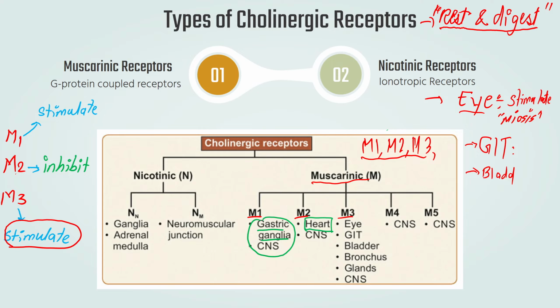M1 and M2, you remember their location. In all the rest of the glands, organs or smooth muscles, M3 will be present. In the bronchus, smooth muscle, M3 will be present. And in the glands, now which glands? All of the exocrine glands. Exocrine secretions जितने भी हैं, like sweat.